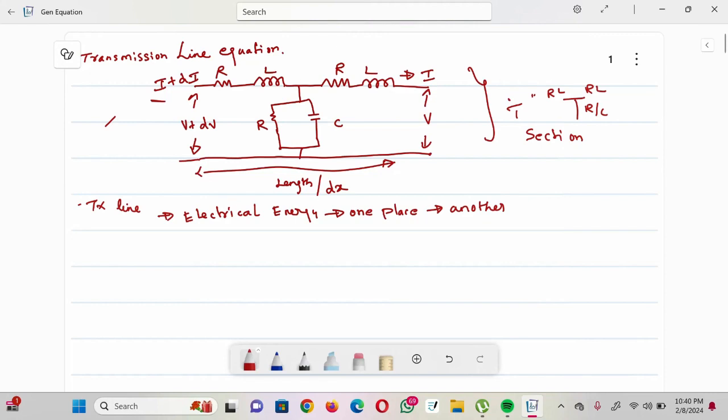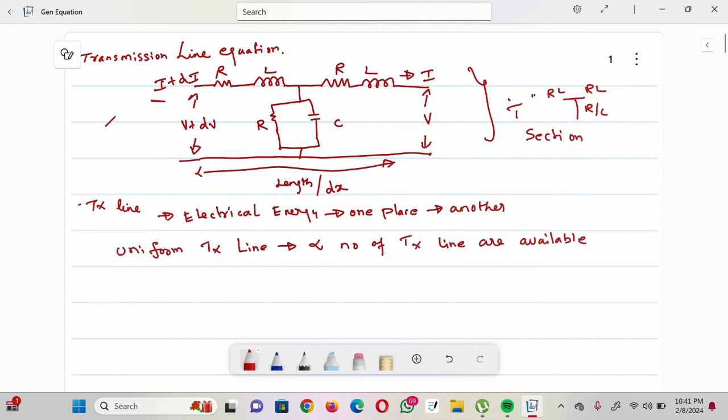A uniform transmission line has an infinite number of transmission lines. It is called a uniform transmission line when an infinite number of transmission lines are available.